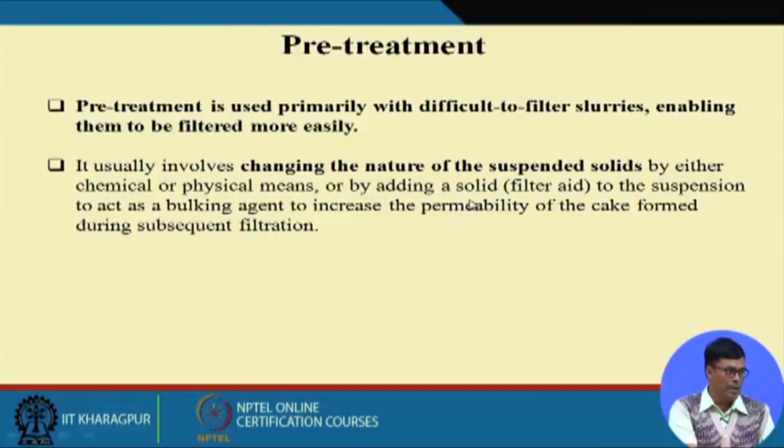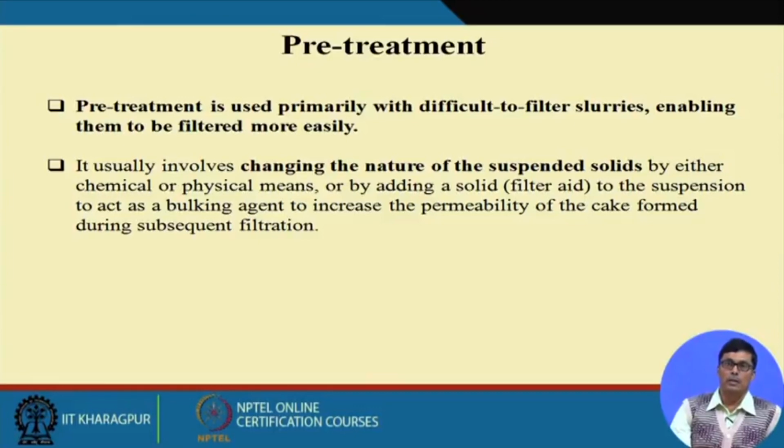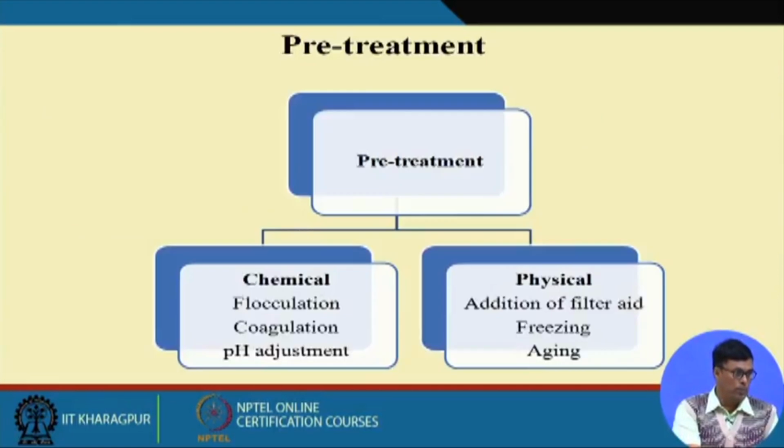What is a filter aid? It is a kind of bigger particle which absorbs the fine particles, and since this particle is very big, we can separate it very easily. So this is how we do it, by adding a solid filter aid. I can give the example of Solka Floc, a cellulosic material that is used largely for the separation of activated carbons.